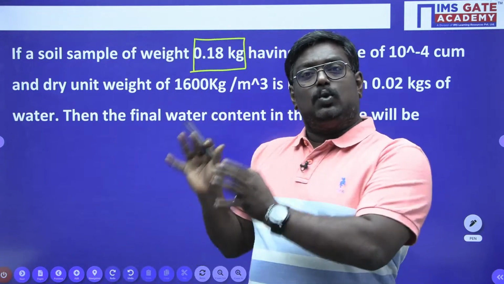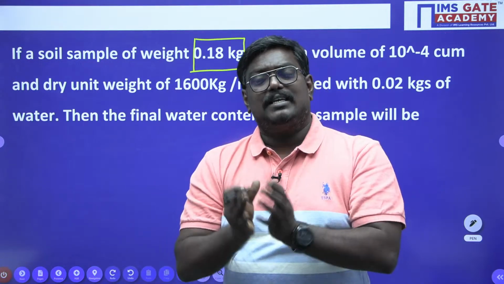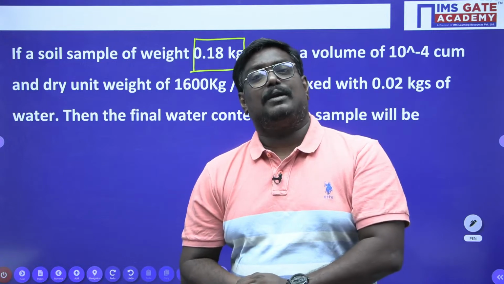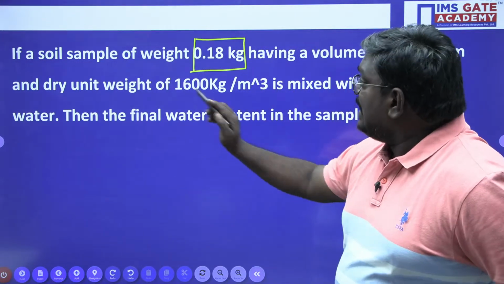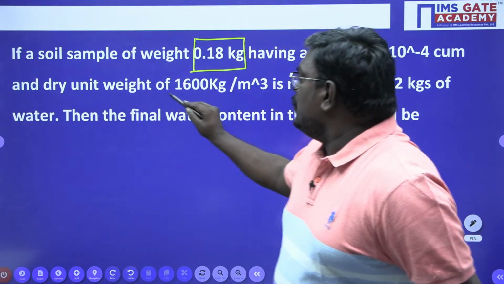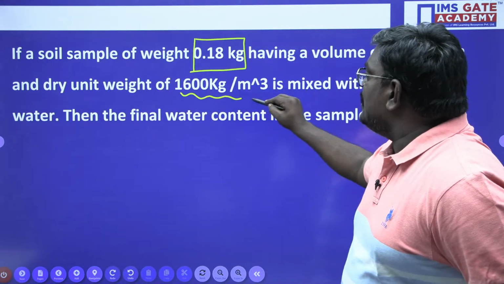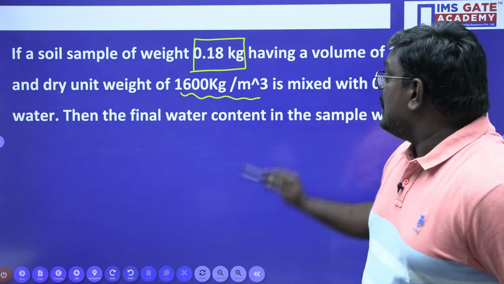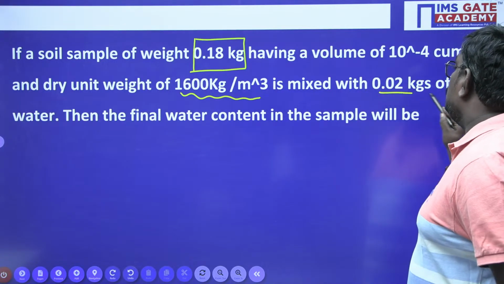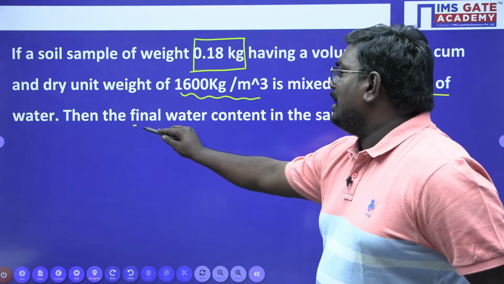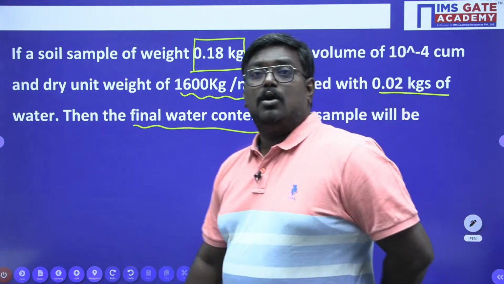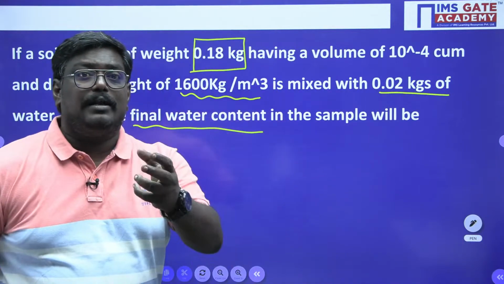So in today's session, the topic is related to the problems and properties of soil, students. The volume is 10 power minus 4 and he has given a dry unit weight of 1600 kg per meter cube, mixed with 0.02 kg of water. What is the final water content of the soil?